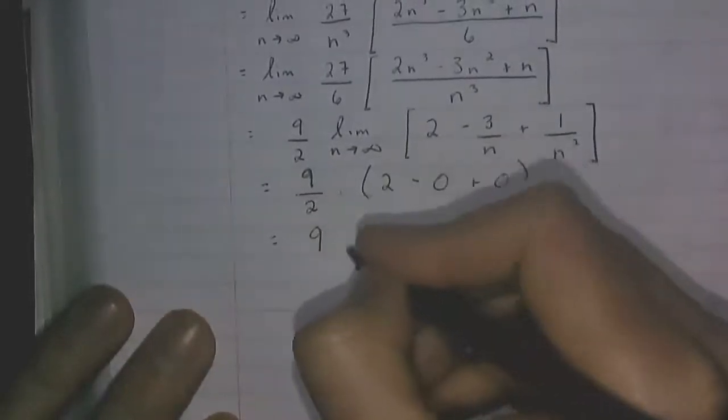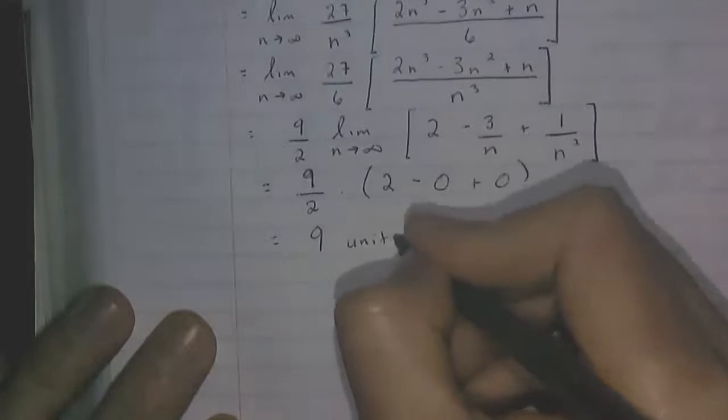This limit goes to 0. This limit also goes to 0. And then multiplying this out, we get that our area is 9 units squared.